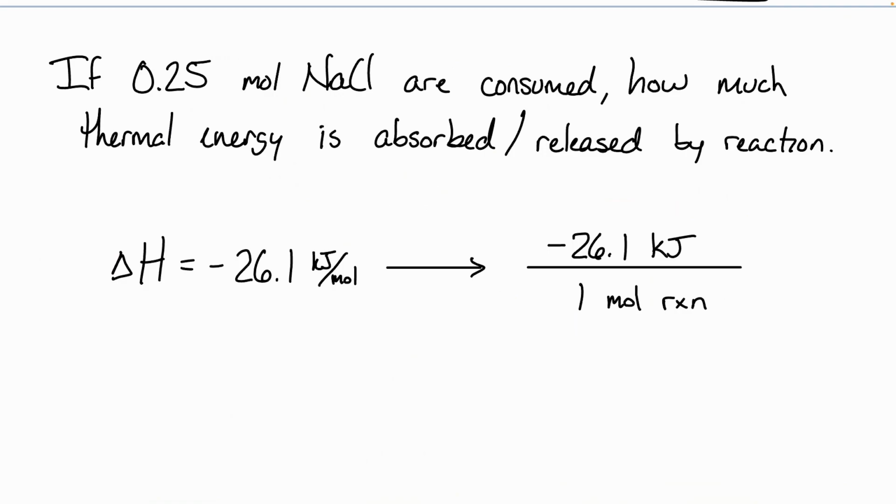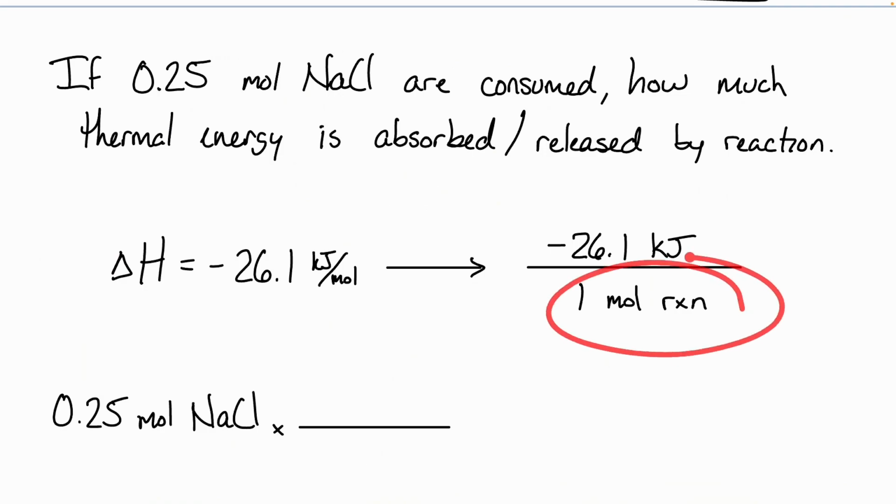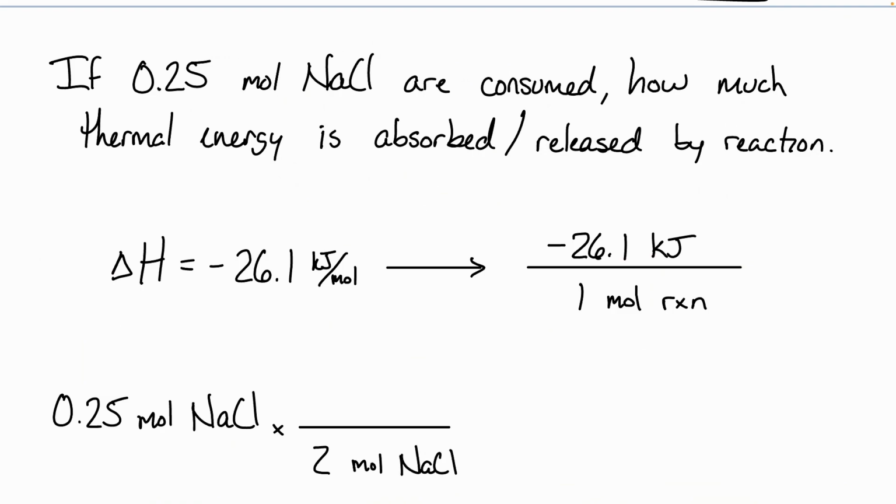So then what we would do is set this up just like before, where we take our 0.25 moles of NaCl. We first need to get into moles of reaction, because that's what my enthalpy is defined as. So we have to use the stoichiometric ratio from our balanced chemical equation that tells us that 2 moles of NaCl are consumed for every 1 mole of reaction.